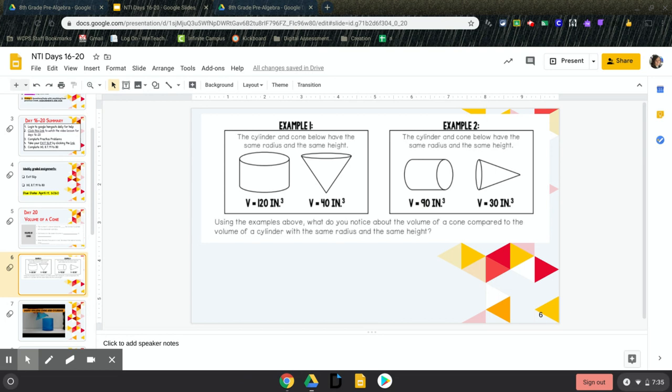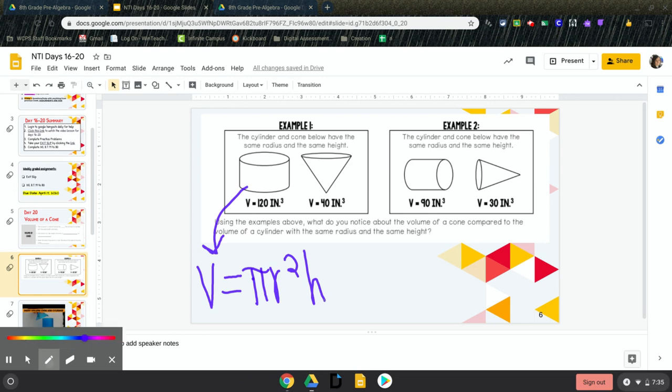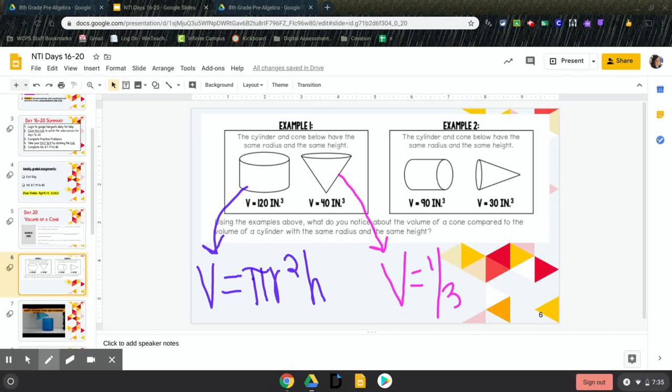Well, we know the volume of a cylinder is equal to the area of the base, which is pi r squared, times the height. And then the volume of a cone is equal to 1/3 pi r squared, which is the area of the base, times the height.